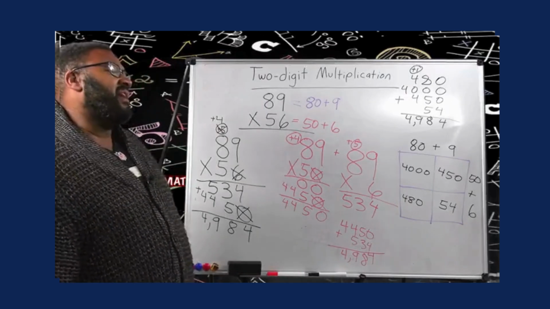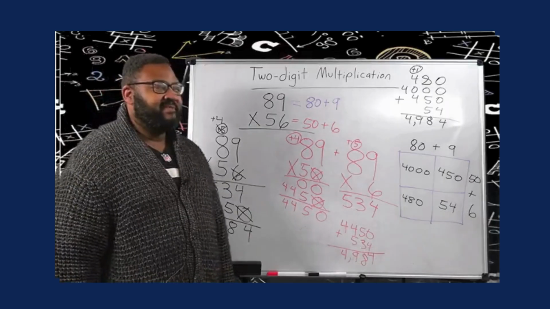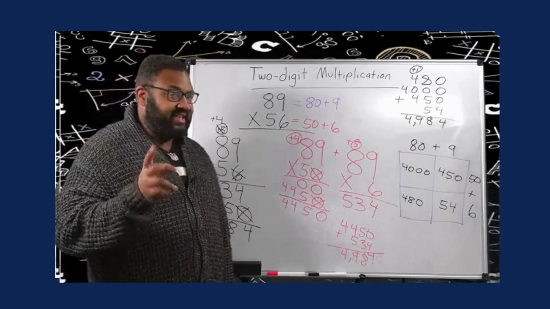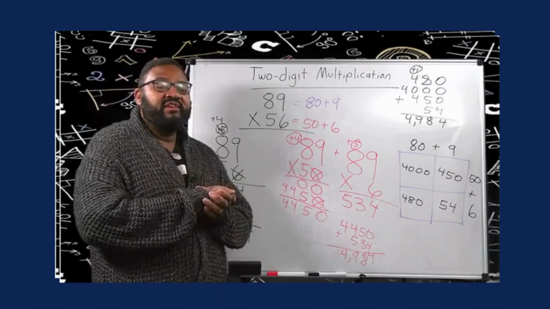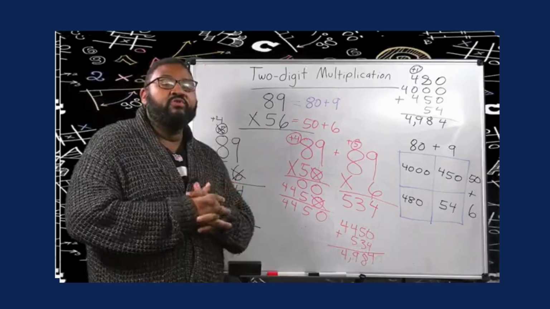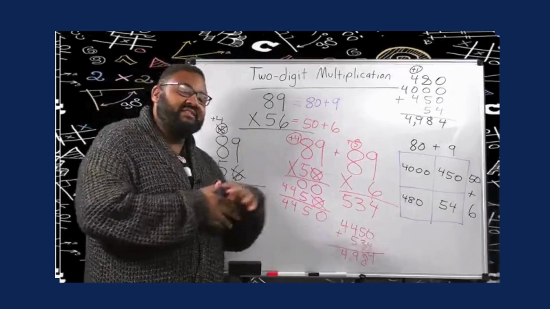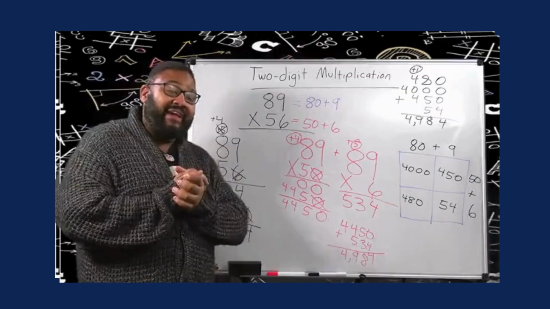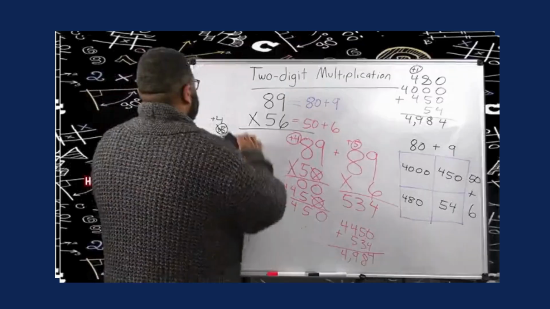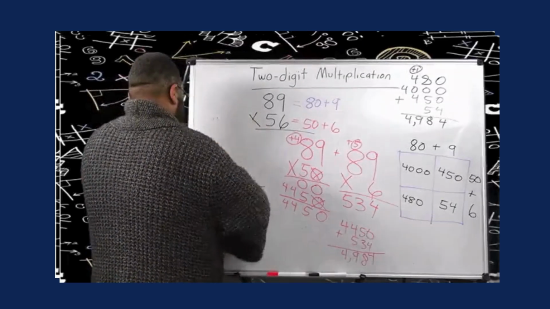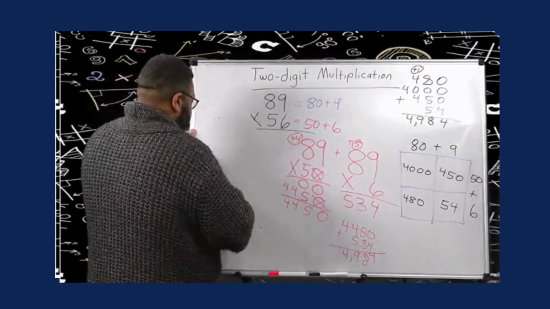Ms. Jones, what about if we got 3 digits? I'm going to get to that. I'm going to do one more 2-digit by 2-digit, and then, yes, I will show you how you expand the box. I will do that just for you since you asked. I hear you talking. But let me do one more sample here.